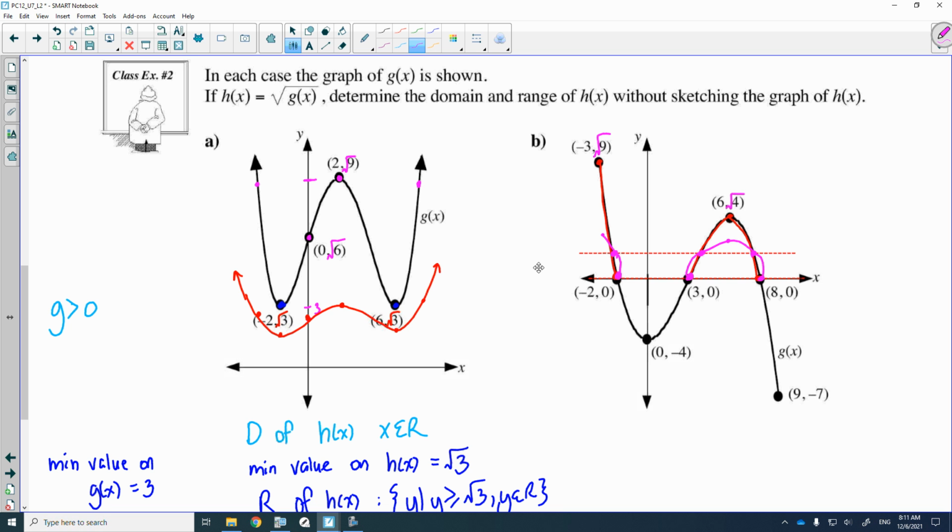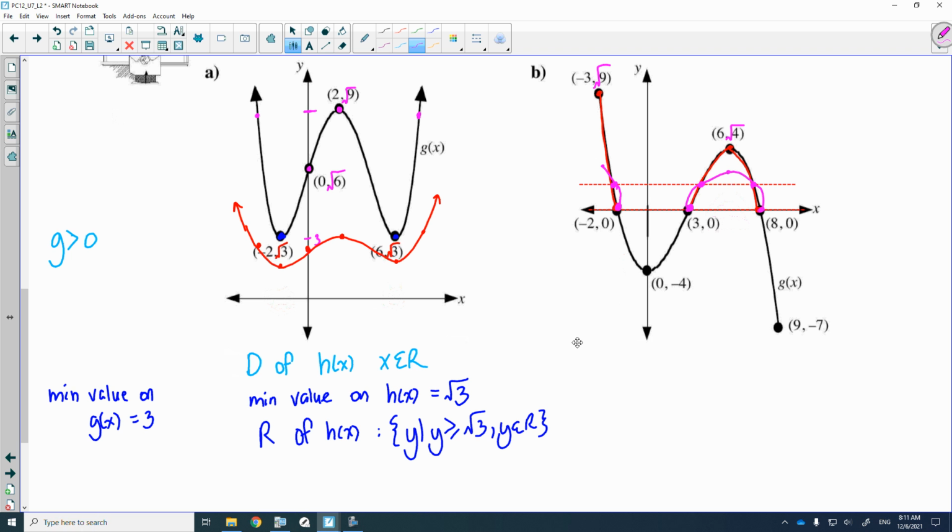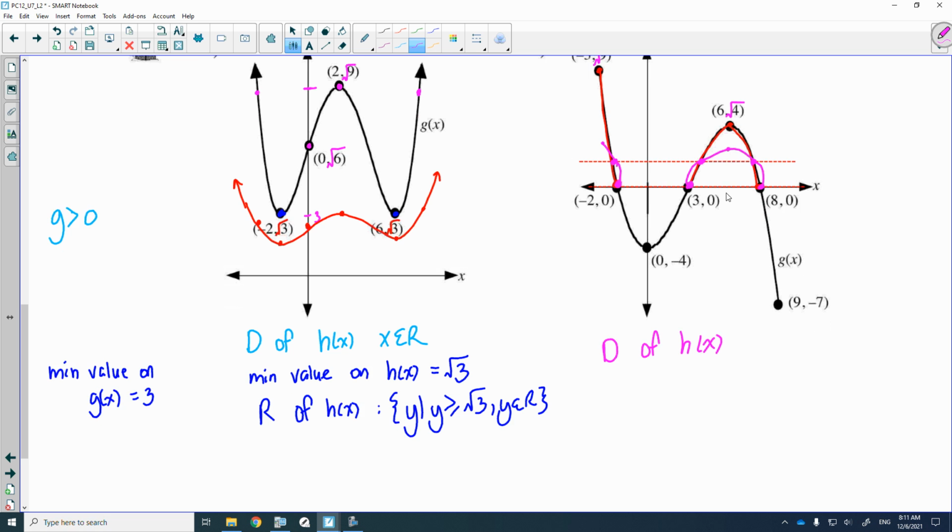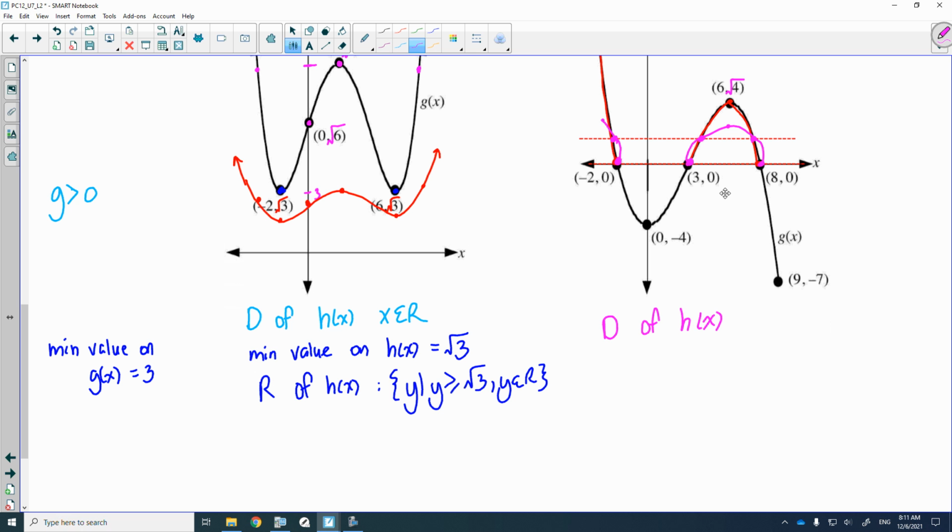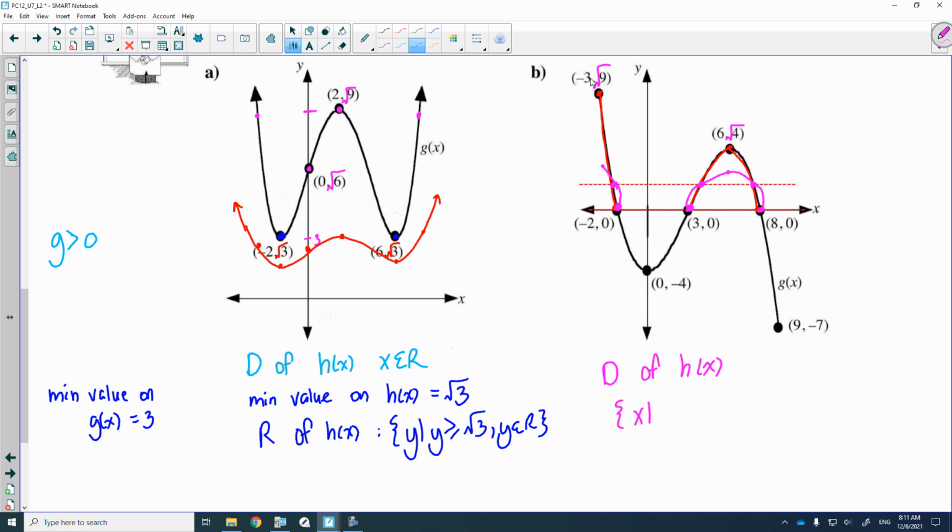So now let's do the domain and range of my radical, so of h of x. The domain of h of x has 2 separate pieces. I've got to talk about the domain of this piece and the domain of this piece. This piece here, we knew that x was negative 2, and this piece here, x was negative 3.